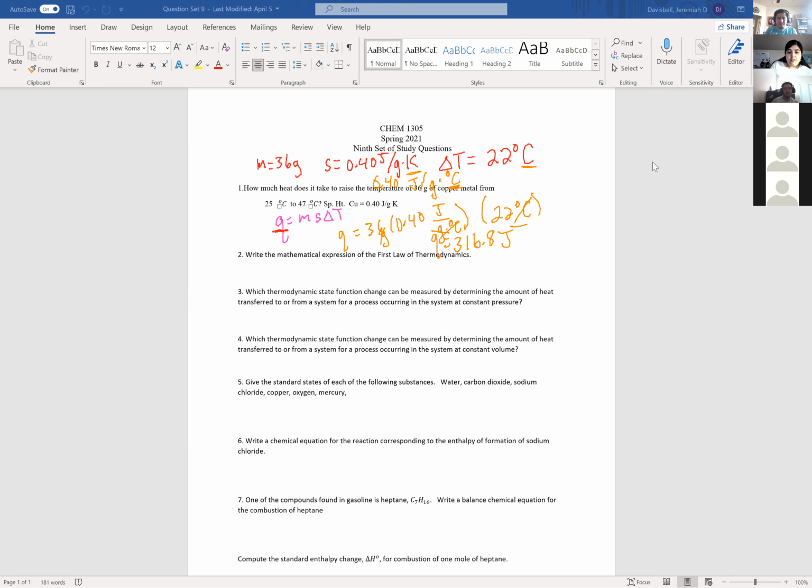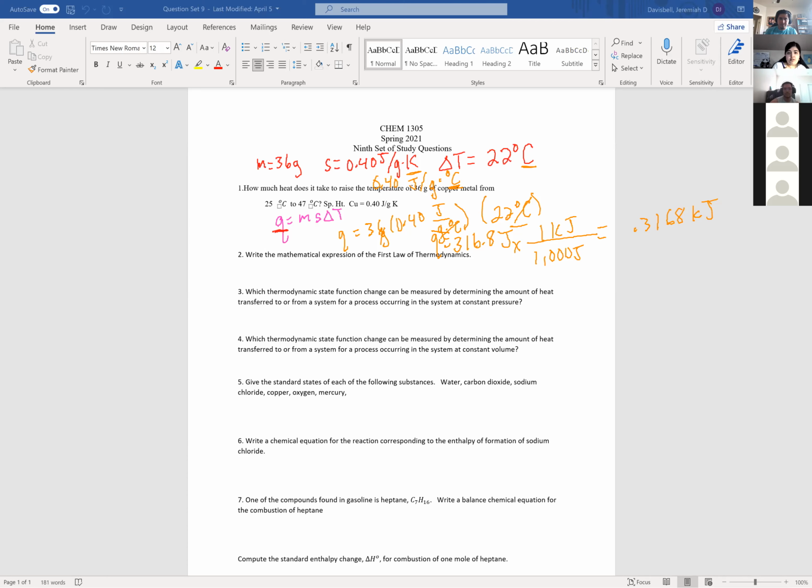Yeah, divide by 1 times 10 to the third, or 1,000, right? Because of dimensional analysis, 1 kilojoule is 1,000 joules. And so that would give you 0.3168 kilojoules, right? Okay, cool.